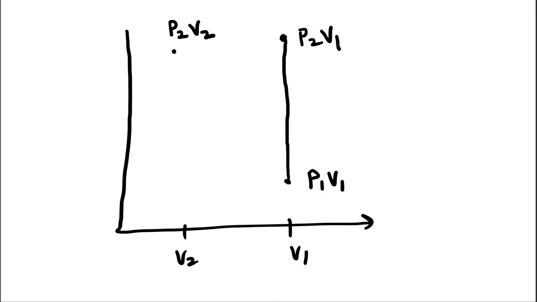So here a process is done at a constant volume V1 and reaches the P2 V1 state, and from there reaches the final state at a constant pressure of P2.